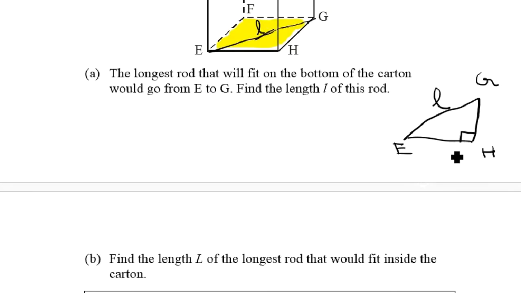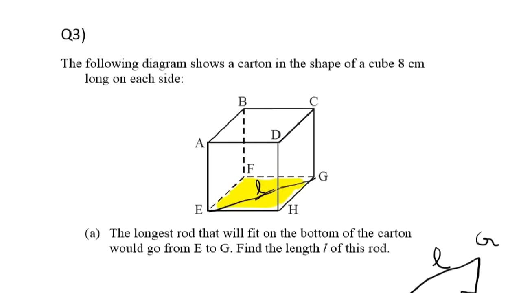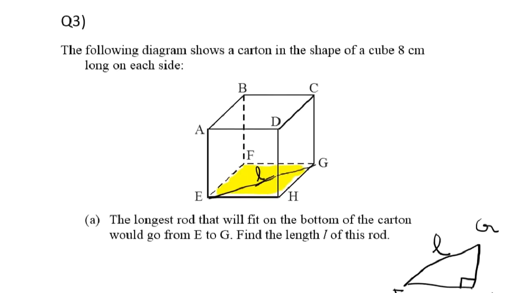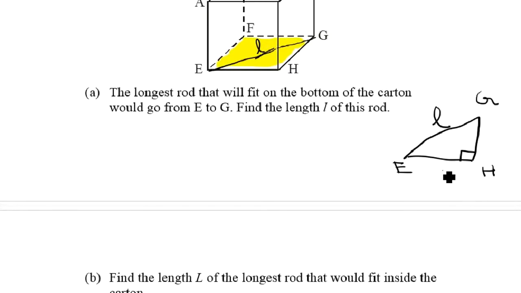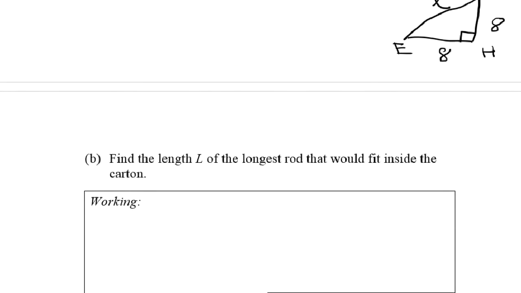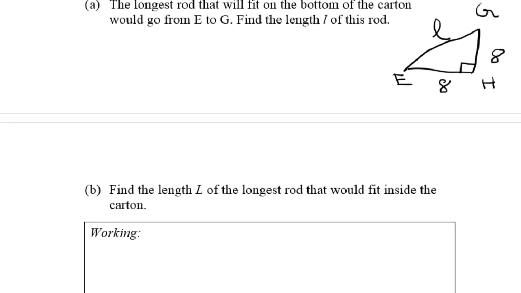Forgive me for this, not a straight line drawing, but it's a sketch. So it's 90 degrees. This is the hypotenuse. But what was the information given about this figure? The cube is 8 centimeters long each side. This is 8. This is 8. So you know the base and perpendicular, right? You're going to find the hypotenuse.